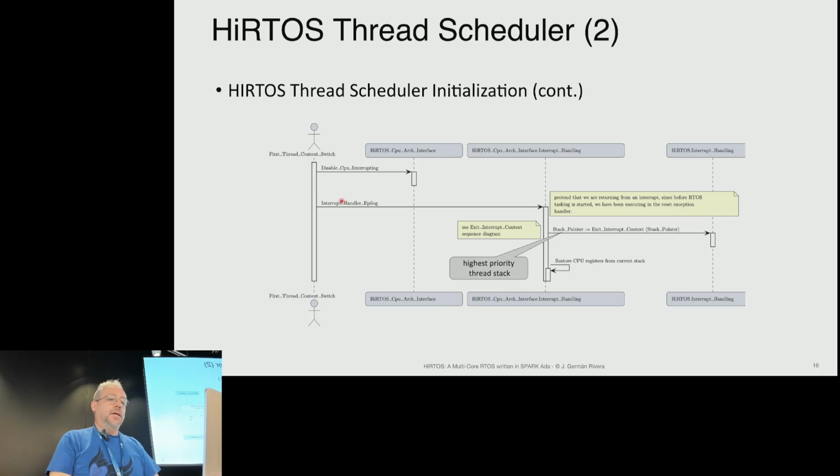So the context switch for the very first task is implemented by just pretending that we are returning from an interrupt. We call an API called interrupt handler epilogue, which calls into the bottom of the bread, the ham that is HiRTOS, and that calls an API called exit interrupt context, which returns the stack for the highest priority thread, and that is how the first thread starts.